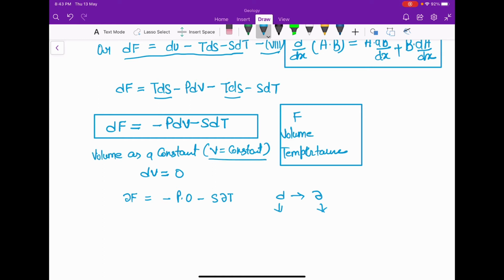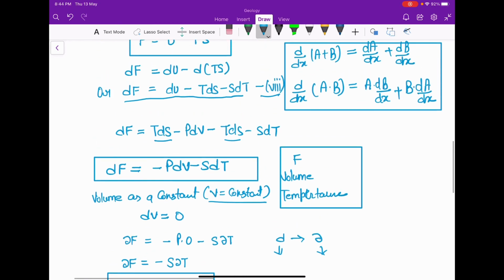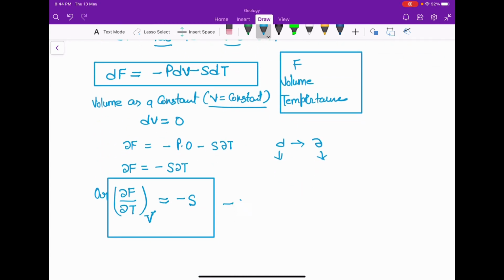Here V is constant, that's why we convert d to del. So del F equals minus S del T, or del F upon del T at constant V equals minus S. This will be equation number 9.